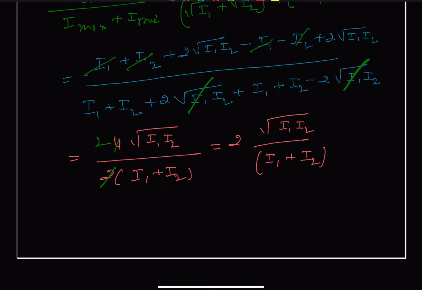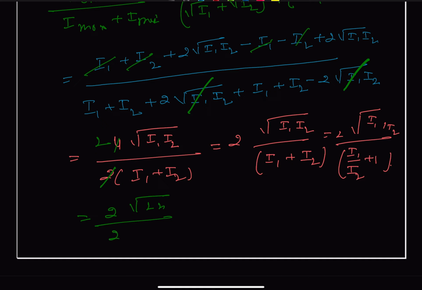Now the ratio that we know is I1 upon I2, so we can just rewrite it, and we get this as 2 square root of I1 upon I2, and the whole thing divided by I1 by I2 plus 1. And we have that I1 by I2 is 2x, so this comes as 2 square root of 2x divided by 2x plus 1.